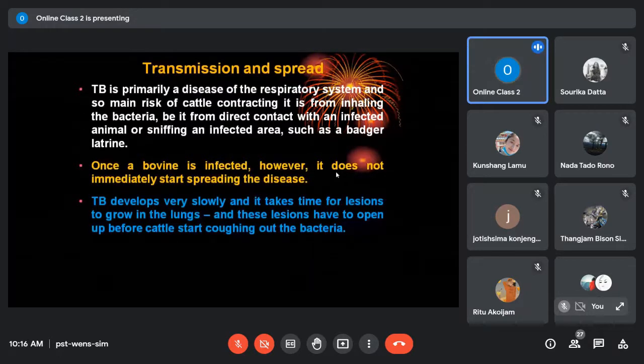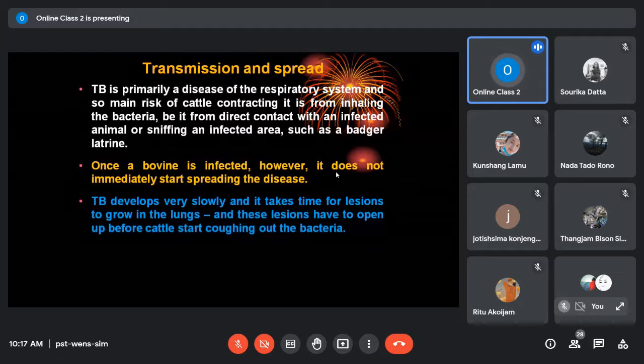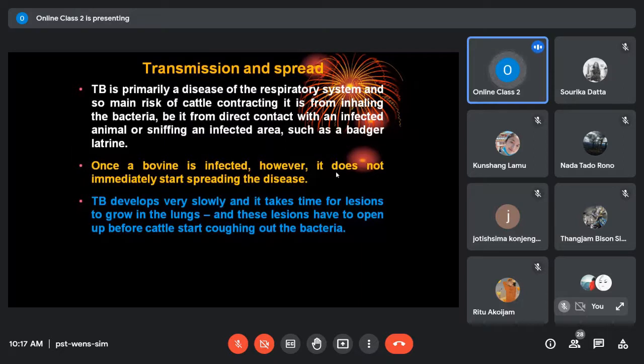It is a chronic, progressive type of disease. It doesn't show very soon. Once you have been infected, it will take time to show the signs and symptoms, and even the lesions, like the tubercular nodular lesions. These lesions have to open up before the cattle start coughing out the bacterial organism.